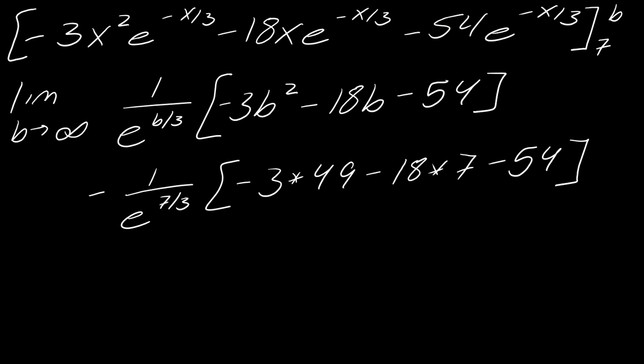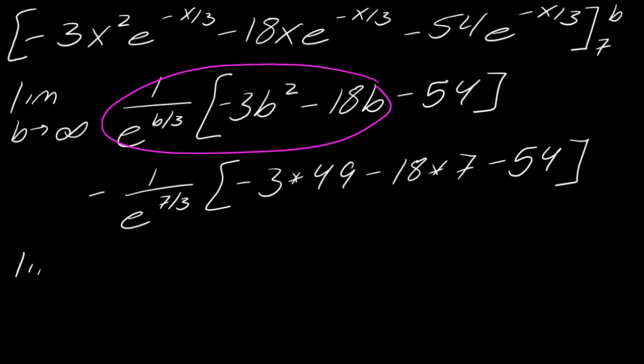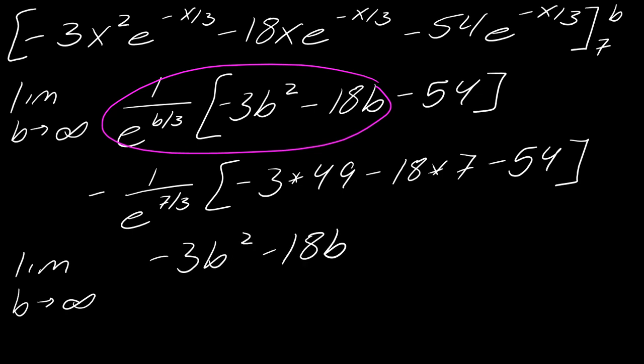Okay, so let's just focus for a minute on this part of the equation. I've got the limit as b approaches infinity of negative 3b squared minus 18b over e to the b over 3. So this gives me an infinity over infinity type problem. So I can use L'Hopital's rule.